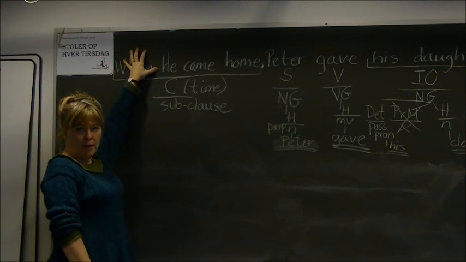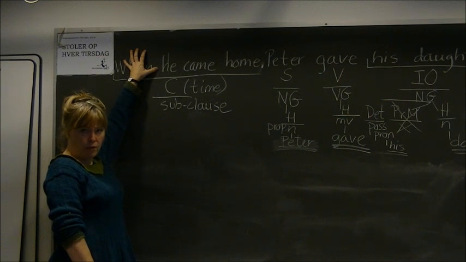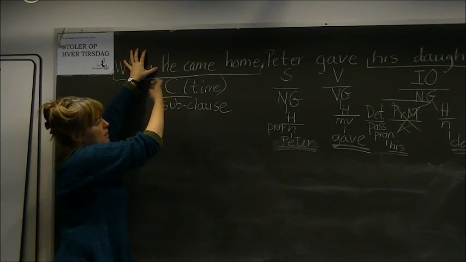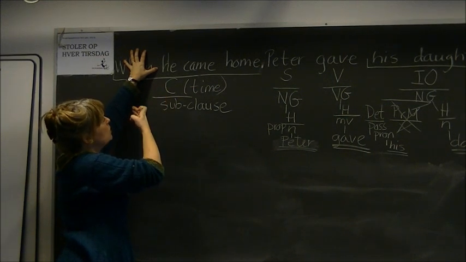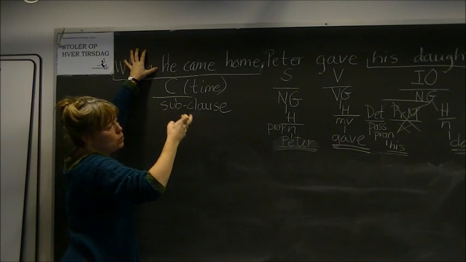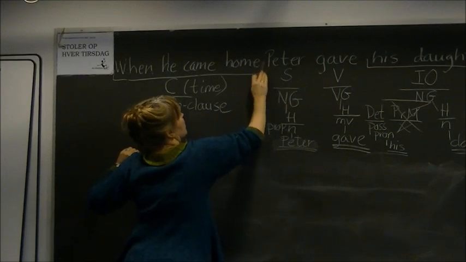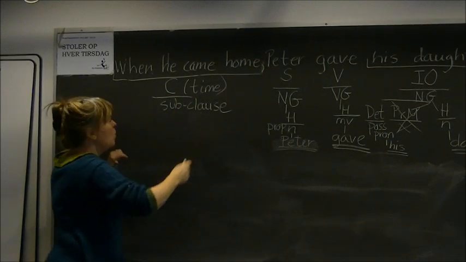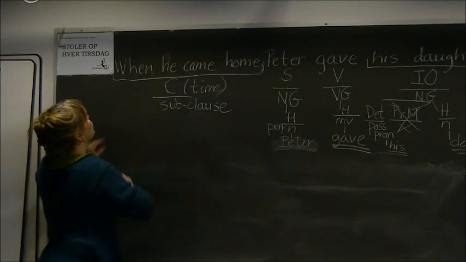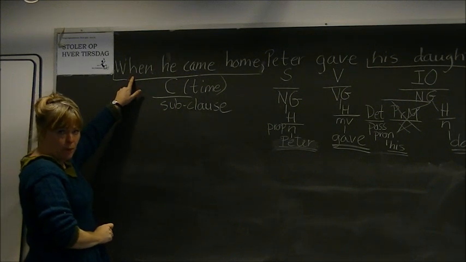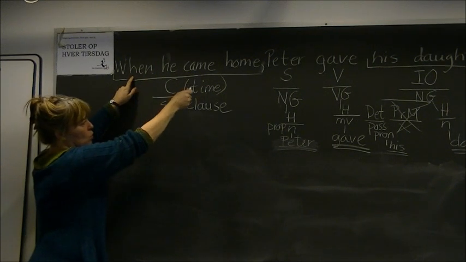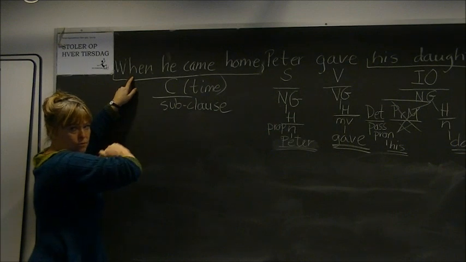And then it would have been a real independent clause where I could find the subject and verbal, and it might make sense on its own. So you would say, he came home, Peter gave his daughter, blah, blah, blah, the rest of the sentence. But now we've decided that this is part of the other clause. So the when subordinates the clause into the other clause.